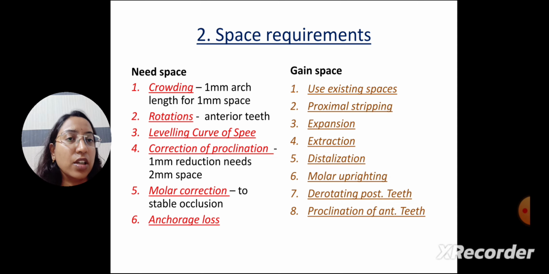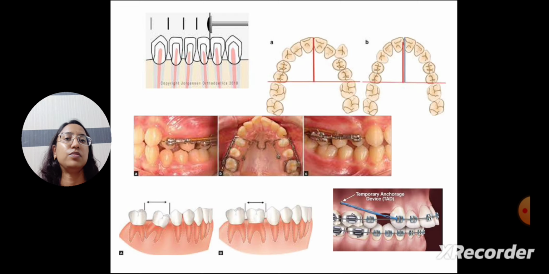Once we know how much space is required and by which method we are gaining the space, from there we have to plan which tooth or which segment of the arch has to be moved in which direction. In this picture, these are all the methods that we use to gain space. The first picture shows proximal stripping, where the mesiodistal width is reduced.